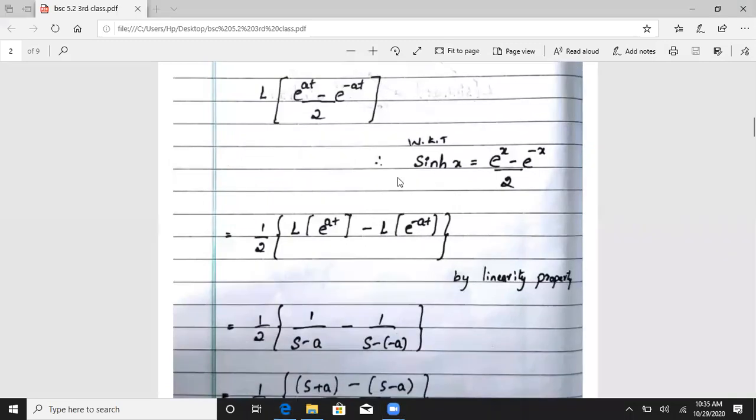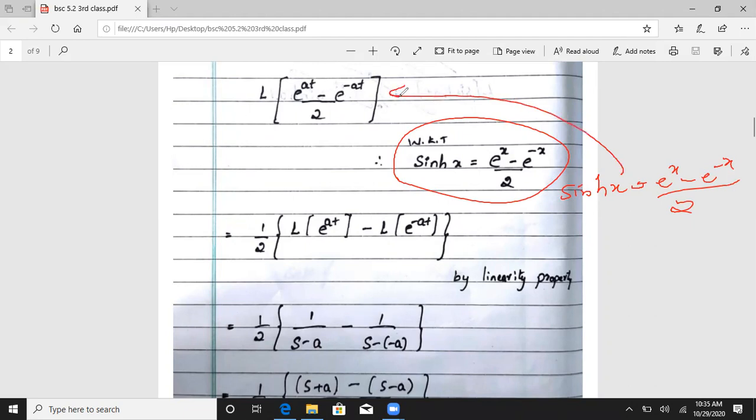Sine hyperbolic of x is equal to e to the power x minus e to the power minus x divided by 2. We can write it like this: the Laplace transformation of e to the power at minus e to the power minus at, divided by 2 as it is.